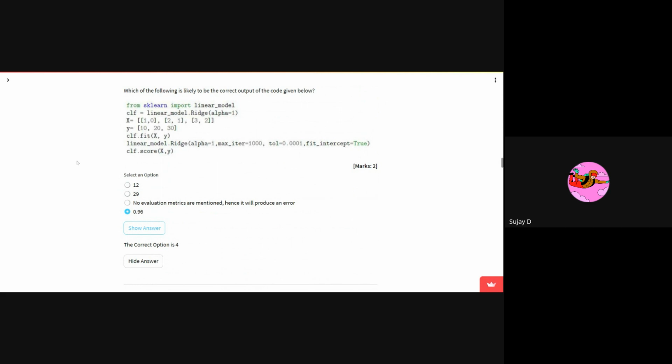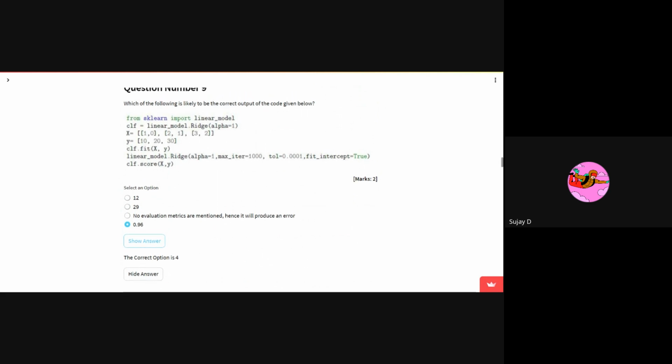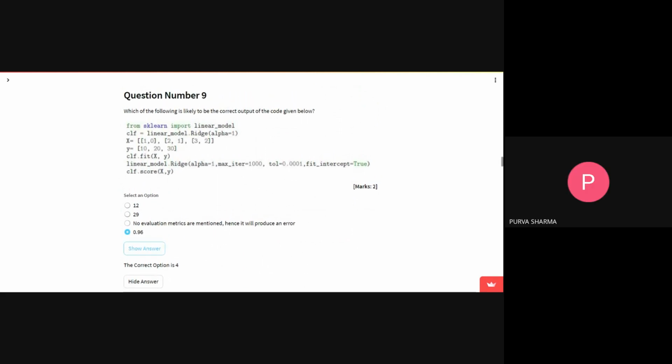Ridge has a closed normal equation, no, ma'am? Normal equation. Yeah, but there's nothing to do manually. We are not supposed to do anything manually here because things go up to 1000 iterations and all. So they're just expecting us to know the range of the scoring. First of all, we should know what dot score means. Dot score means R2 score, and then we should know the range of R2 score, which is 0 to 1. Okay. Yes, ma'am.